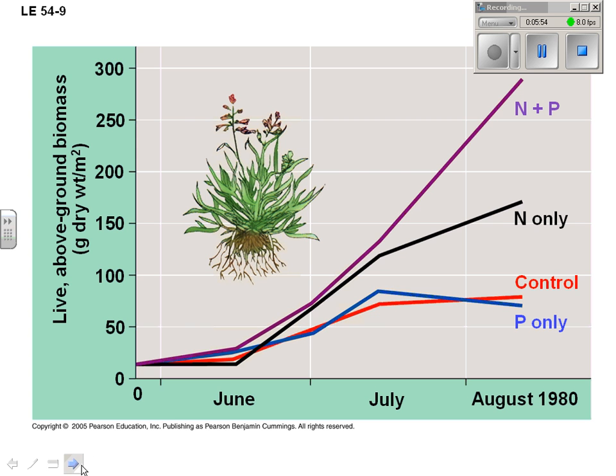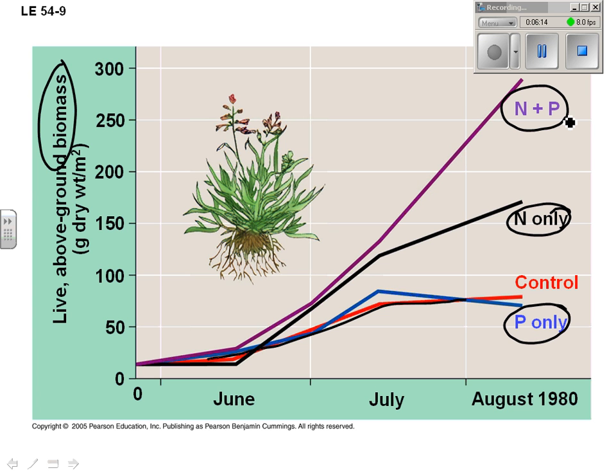Here's a test on land plants where we measure primary production by measuring biomass, how much is produced. The control is where nothing is added, the red. In the blue, only phosphorus was added to the ecosystem. In the black, only nitrogen added to the ecosystem. And the other one, we added nitrogen and phosphorus and got a lot more live above ground biomass, in the summer in 1980.